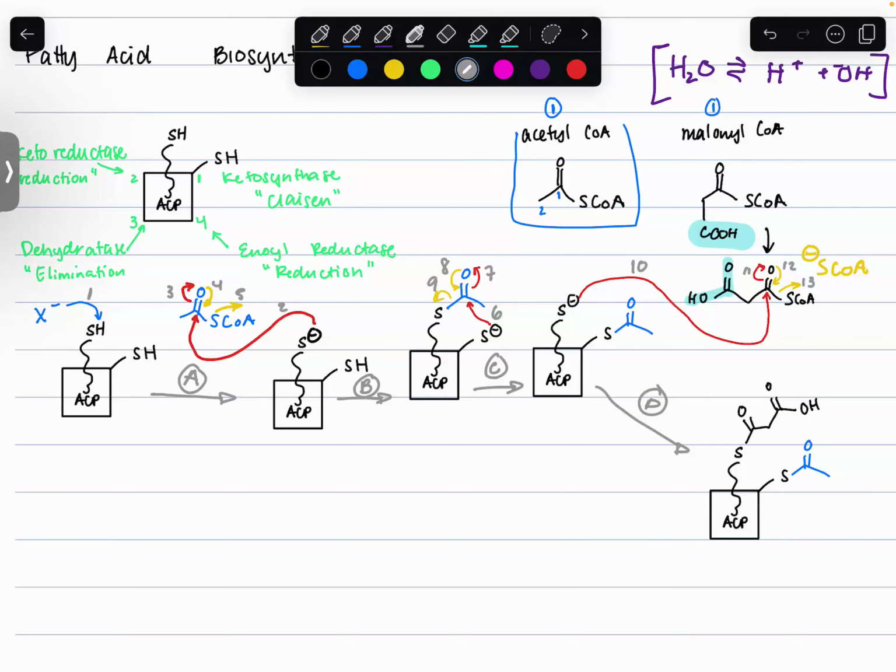So A, B, C, D letters are big steps. Numbers are electron movements.